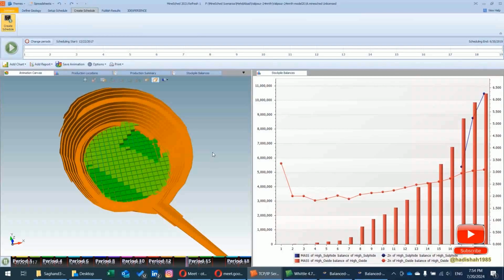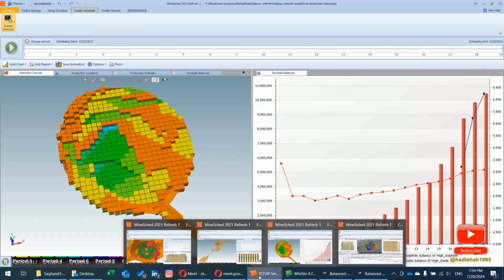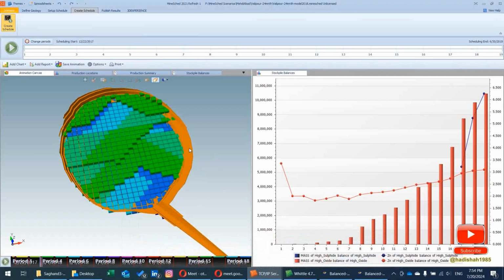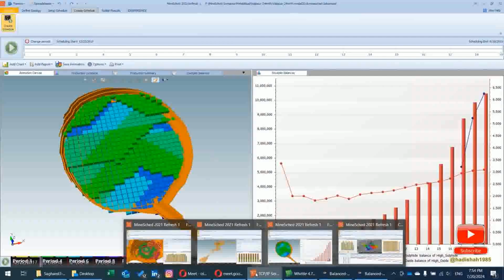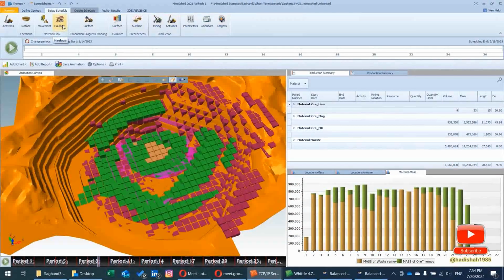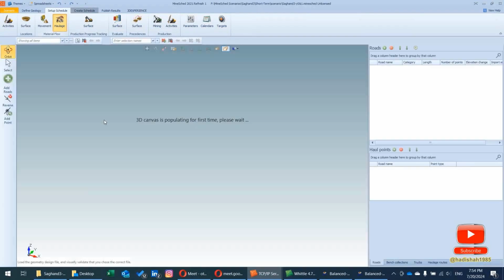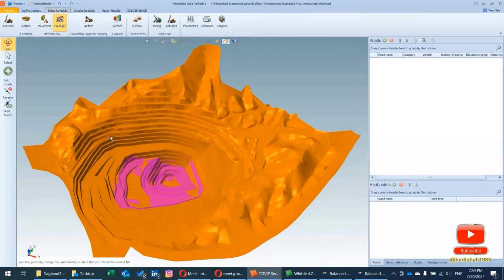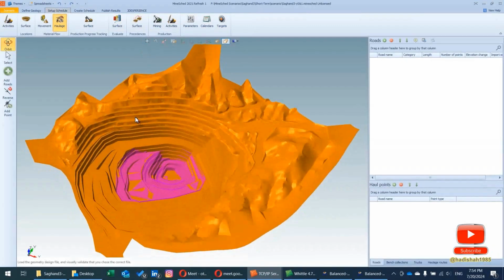Well, next let's take a look at haulage. I unfortunately didn't find my previous scenarios that I have dealt in depth with haulage, but I can show you very briefly through the tools in this package. I mean, MineSched has been considered for haulage.